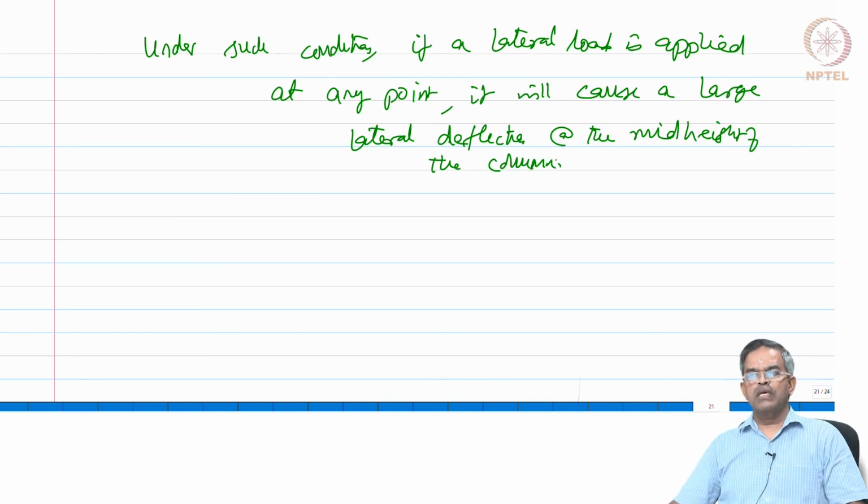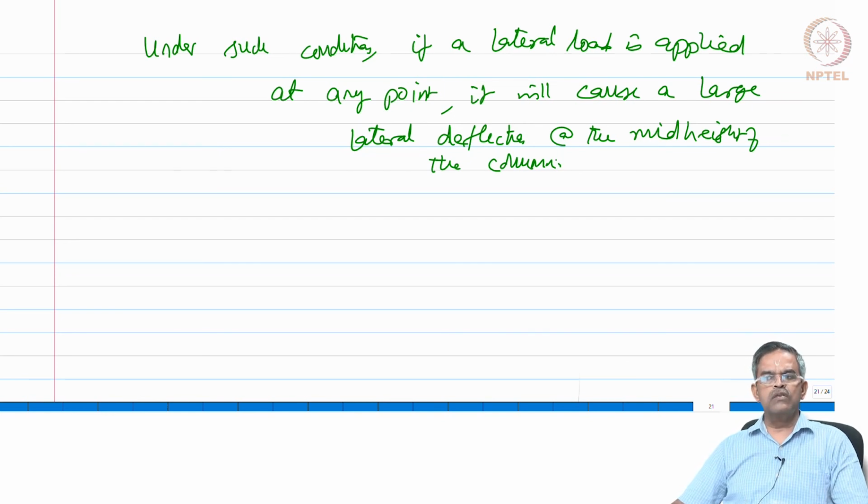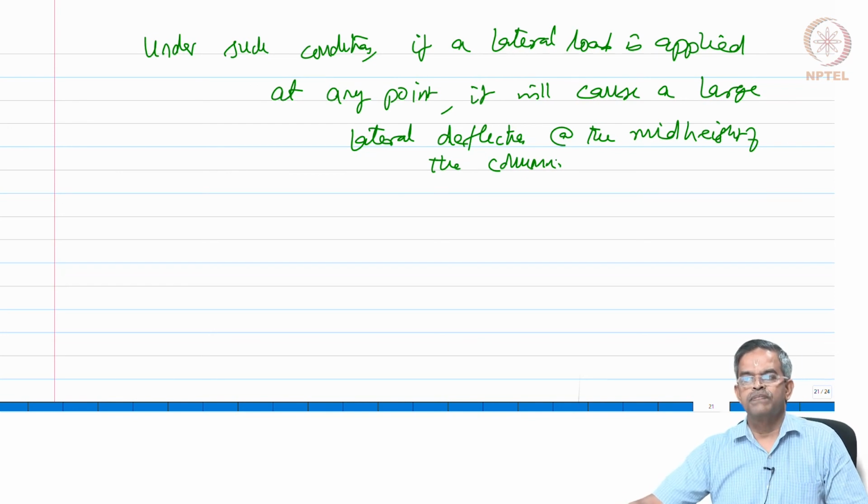However, importantly, the column will regain and return to the original position in terms of geometry, shape and size of cross section.